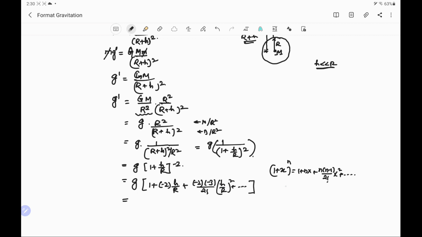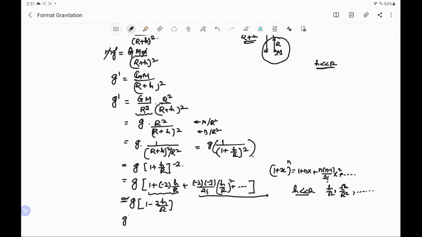If h is very, very much less than R, then h by R is small, h square by R square is even smaller, and other higher terms are negligible. We take only these two terms and neglect all higher terms. We get the approximate value g(1 minus 2h by R).